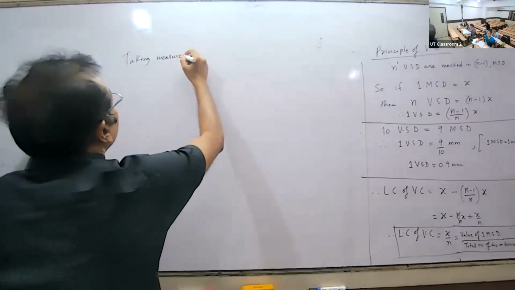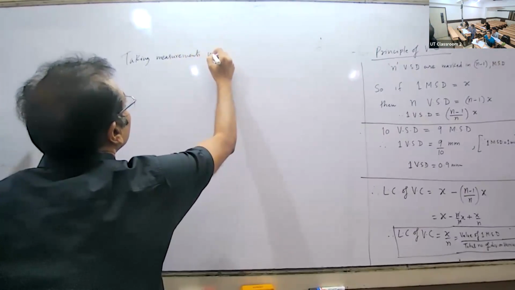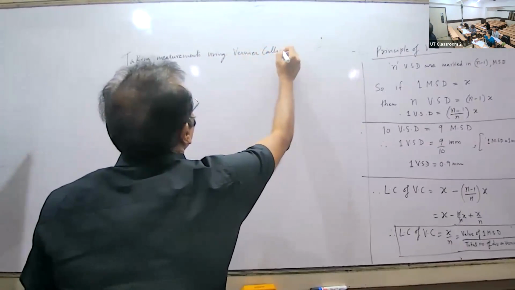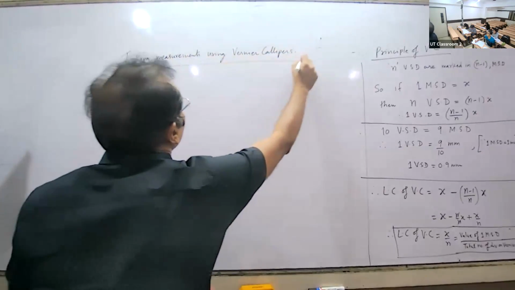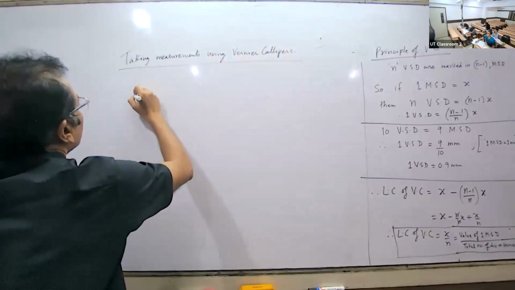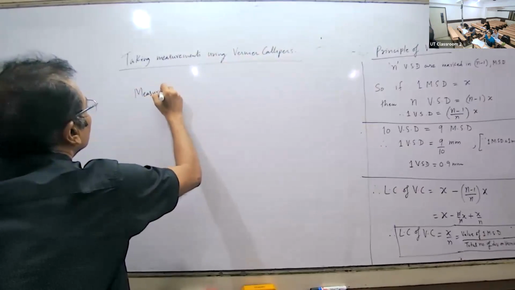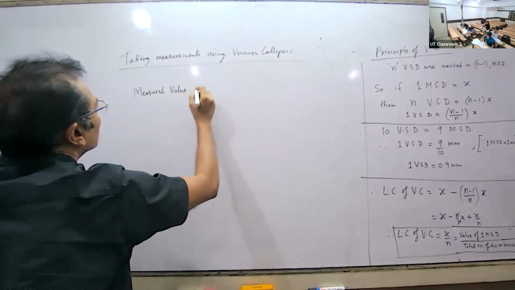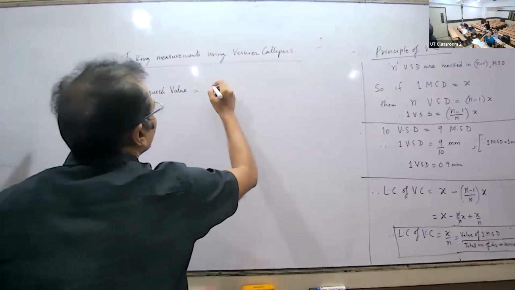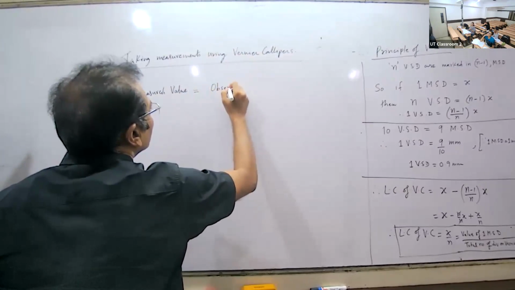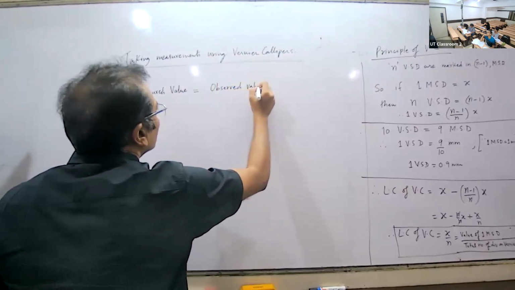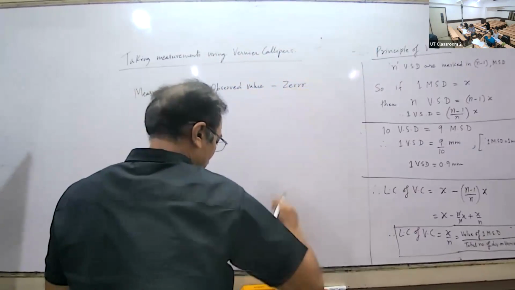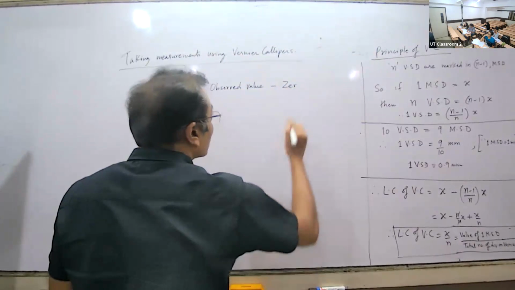So taking measurements using vernier calipers. Measured value is equal to observed value minus zero error.